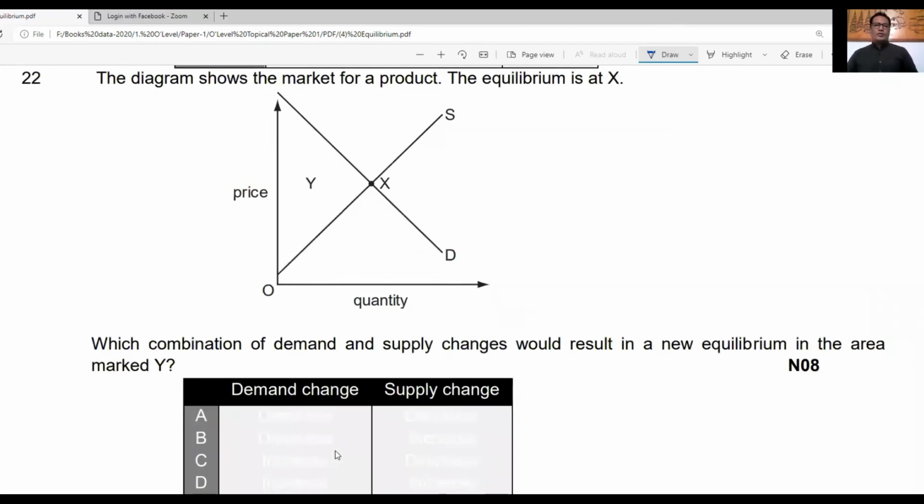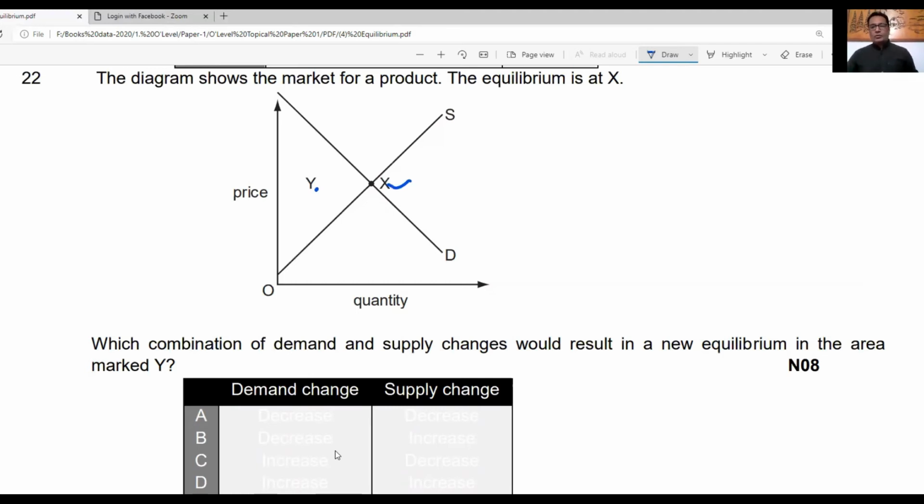Okay, this is the question, and this is a bit different question from the previous questions. So question number 22, read this question carefully and try to find out when equilibrium may take place at point Y. Okay, so the diagram shows the market for a product. Equilibrium is initially at X. This is the equilibrium point initially.